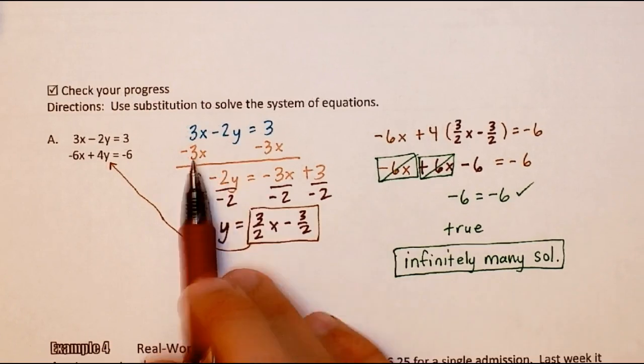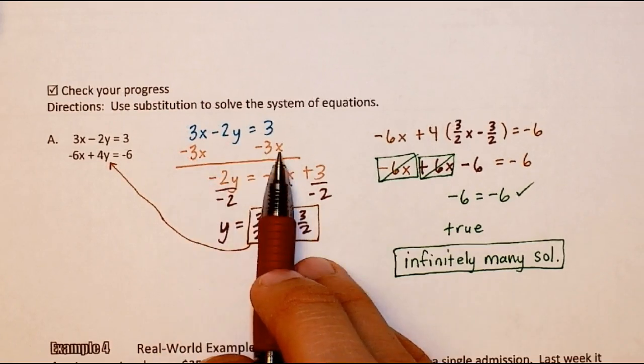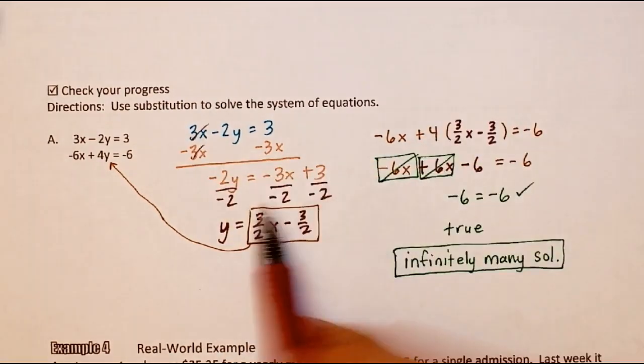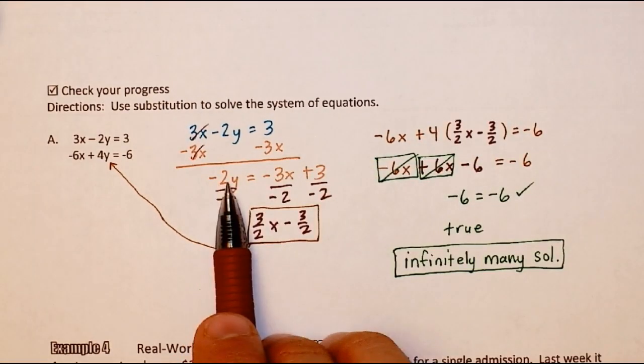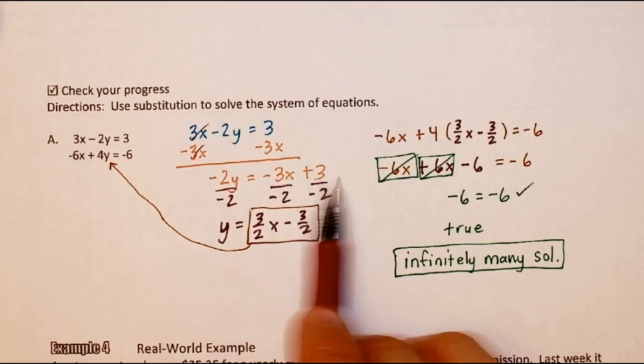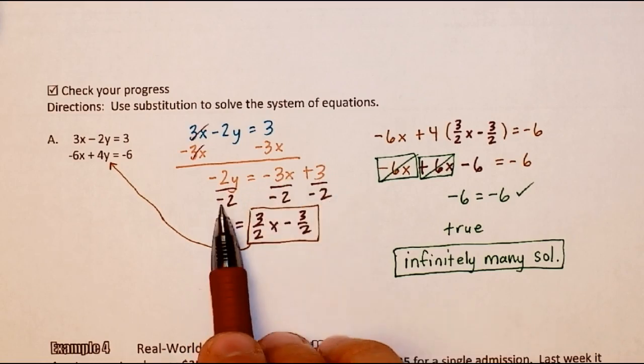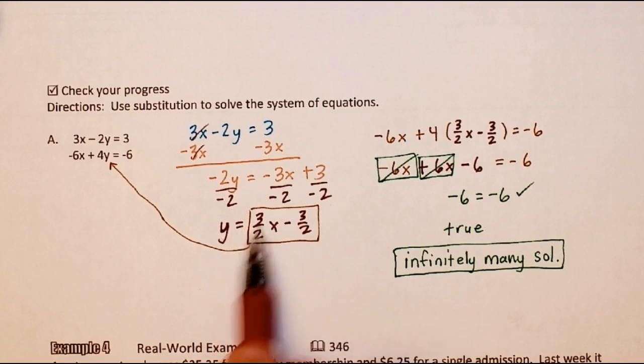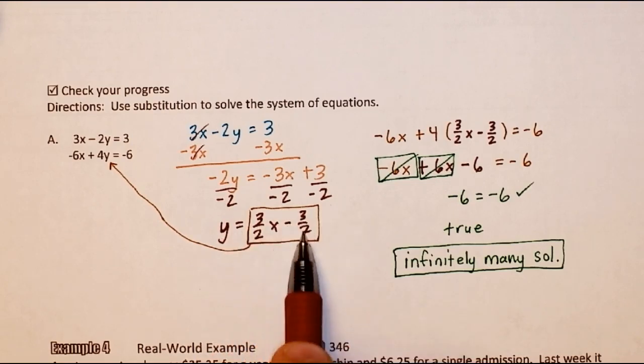So I subtracted 3x from both sides to get y by itself. That eliminated, so I resulted with negative 2y equals negative 3x plus 3. From here I divided everything by negative 2. So I got y equals 3/2 x minus 3/2.